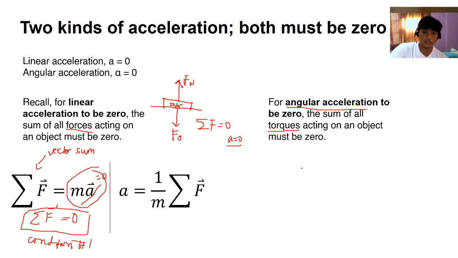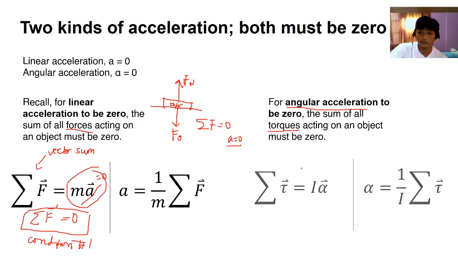And here is Newton's second law in rotational form. See the similarities? Instead of force, we write torque. Instead of mass, we write, you know this, the rotational inertia. Instead of linear acceleration, we write angular acceleration.